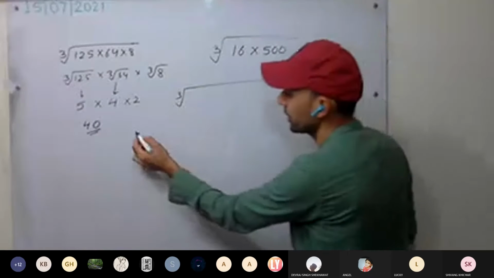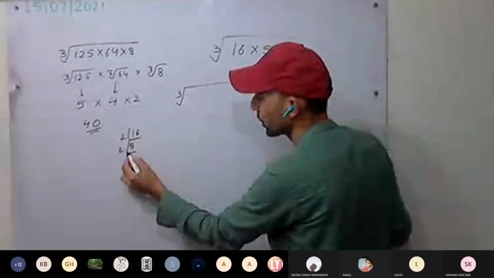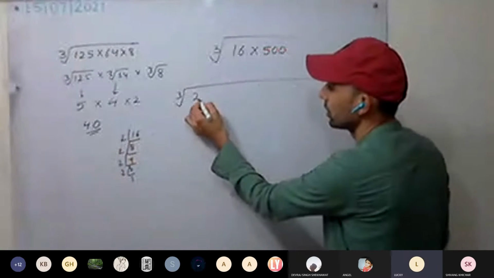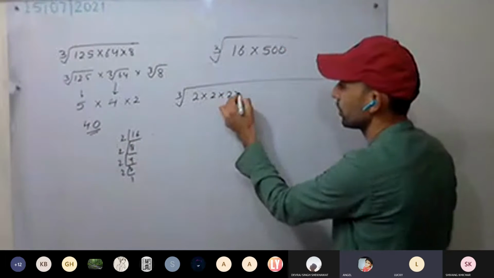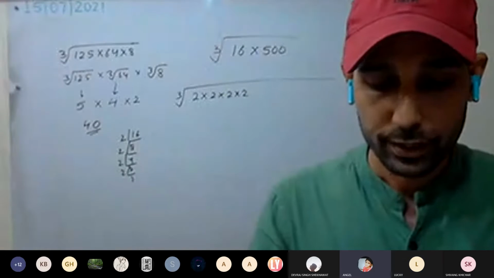Cube root of 16, factorize 16: 2, 8, 2, 4, 2, 2, 2, 2. How many twos? 4 twos. Next, I'm using red color.